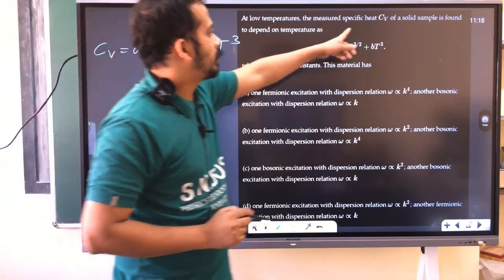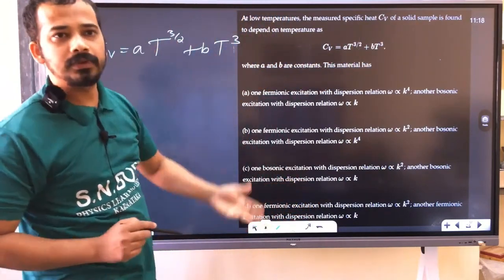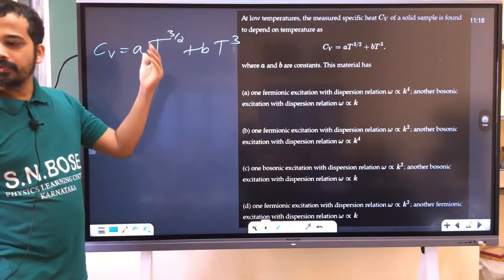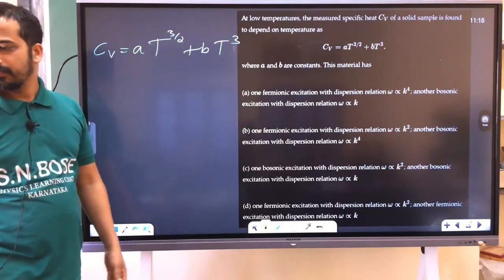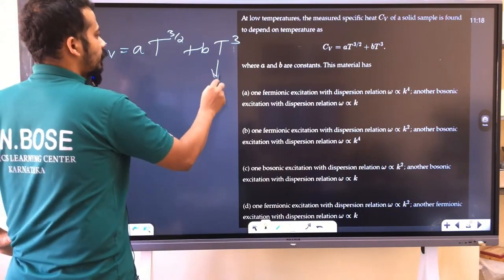At low temperature, the specific heat of some solid is found to be like this. What is that due to? Now you should answer it by experience.